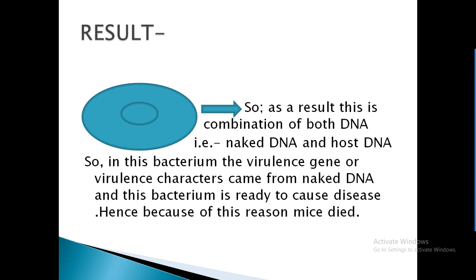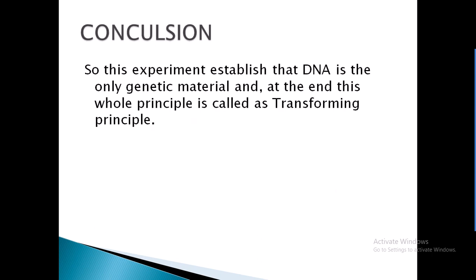So, in the bacterium, the virulence genes or virulence character came from the naked DNA, and now this bacterium is ready to cause disease. Hence, because of this reason, the mice die. As protein gets completely denatured at boiling temperature, only DNA remains, which carries the virulence character.